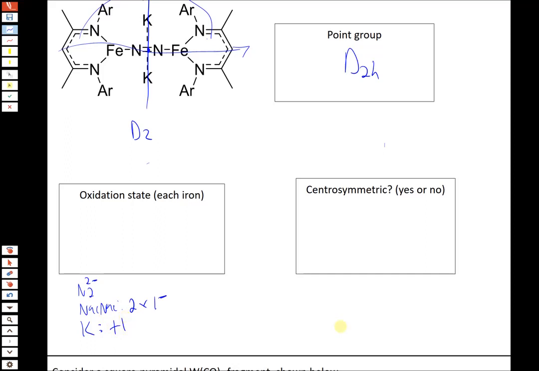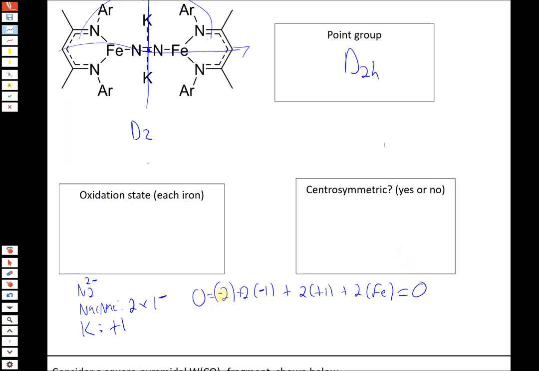So then what we're left with is overall charge neutral, no net charge, but we have a 2- charge from the nitrogen ligand, 2 1- charges from the NAC, 2 +1 charges from the potassium, and then whatever iron would be to balance out to 0.